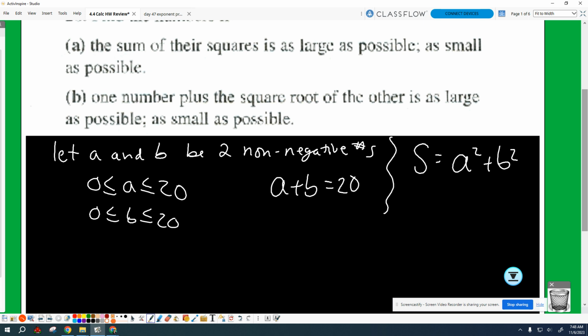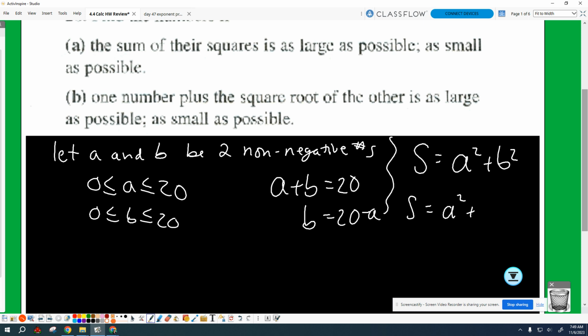Would you solve for either A or B? Okay, which one do you want to get rid of? Solve for B. So the sum is A squared plus B squared, and B is 20 minus A, squared.